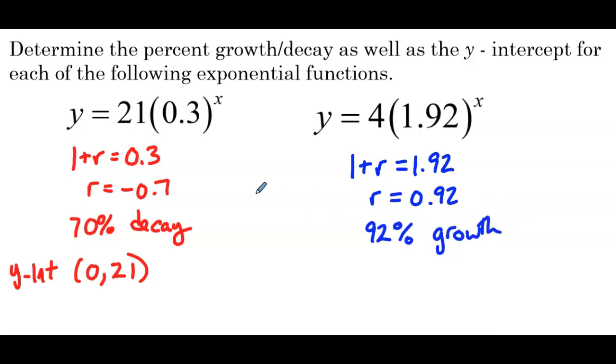And I should have specified this earlier: the way we convert the decimal to a percent is multiply by 100, in case that isn't clear. And our y-intercept, when x is 0, we have 1.92 to the 0, which is 1, times 4 is 4. So for this function, we have exponential growth at a rate of 92%, and the y-intercept is (0, 4).